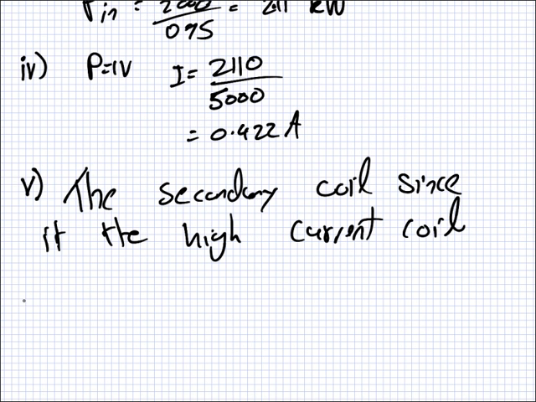Part 6: The transformer is kept in an aluminium box. When in operation, it is noticed that parts of the aluminium box became warm. Suggest a reason for this heating effect and a way to reduce or eliminate it.